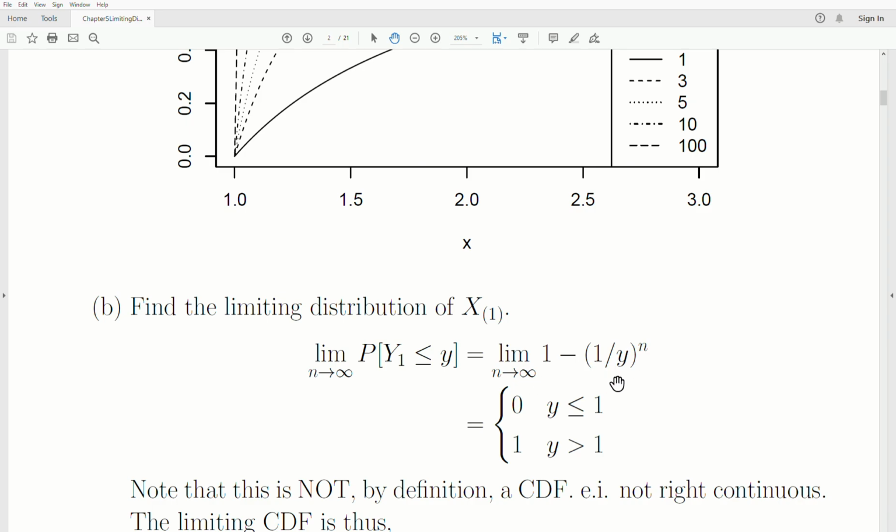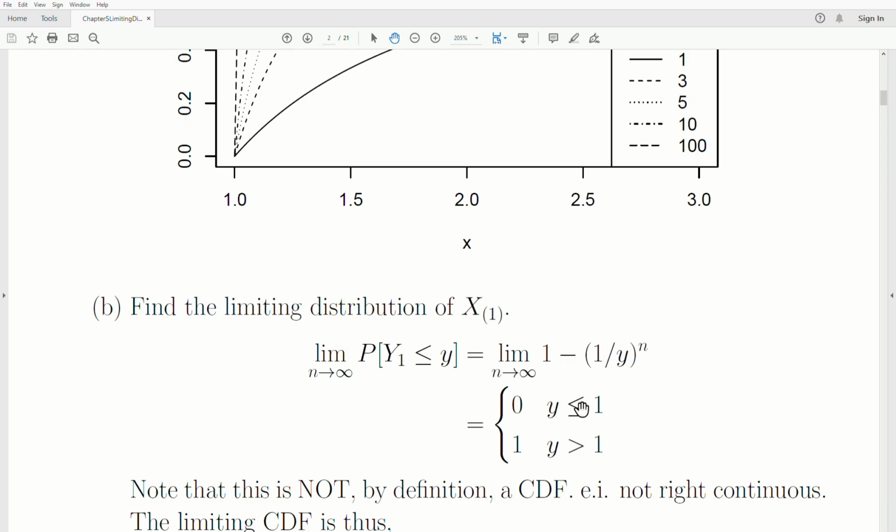Now as n goes to infinity, notice that y has to be 1 or more. If it's 1, this is 1 over 1, and 1 minus 1 is 0. But if it's anything greater than 1, this fraction is less than 1, and if you keep raising it to higher powers, it goes to 0, so then the whole expression goes to 1.